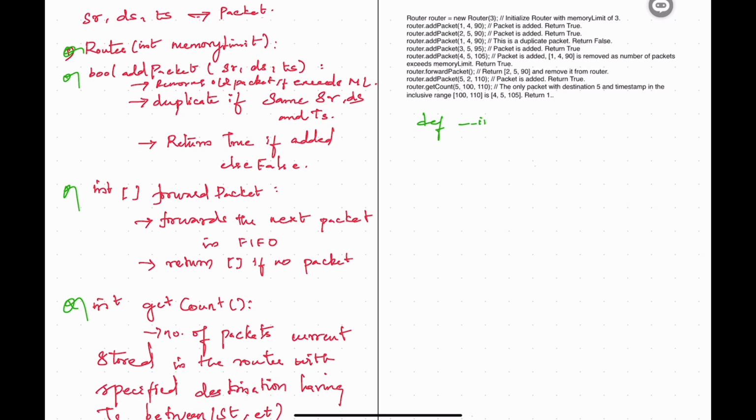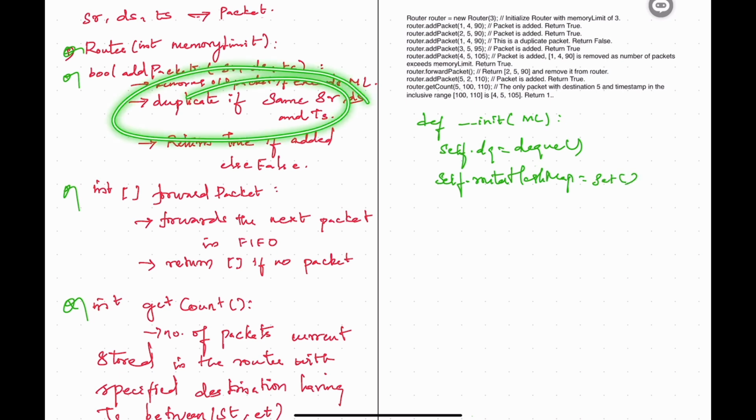On initialization, we get the memory limit. self.dq will be the deque to perform our insertion and forward packet operations, and we'll have self.router_hash_map, which is a set, to check whether the same source, destination, and timestamp is already present in order of 1. And we have to keep the memory limit.